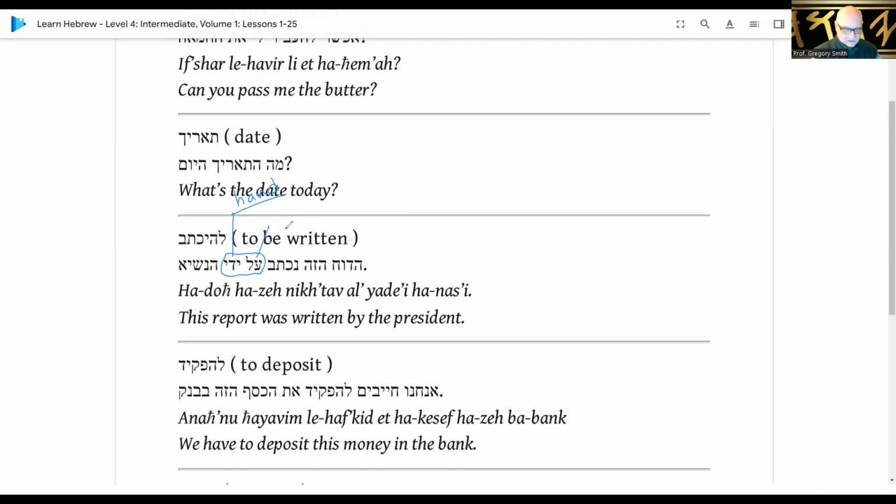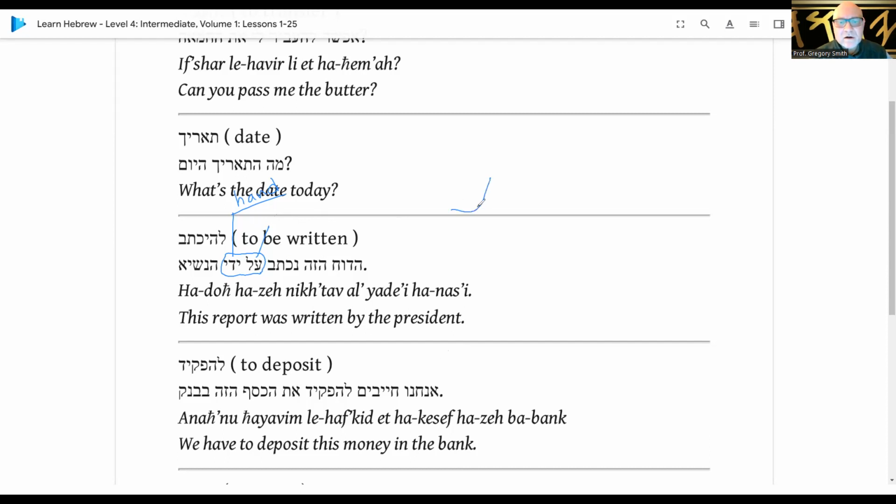Double check that. על. Okay, so al has lots of uses here. It could be on, could be about, could be to, could be onto, it could be upon, could be above, and it could be by. That's what I thought. Look at all the uses.